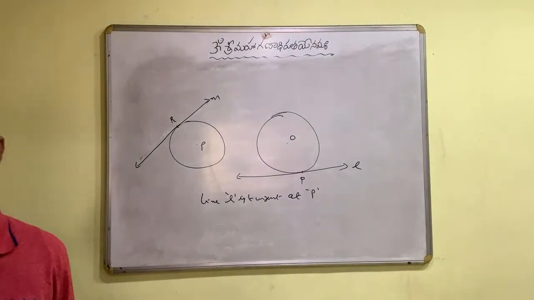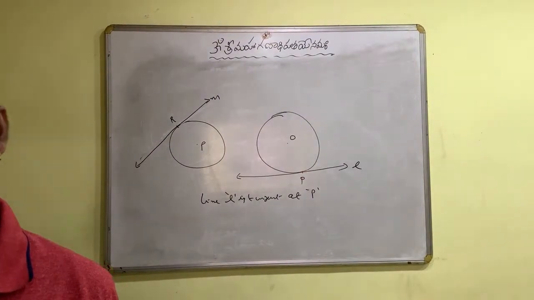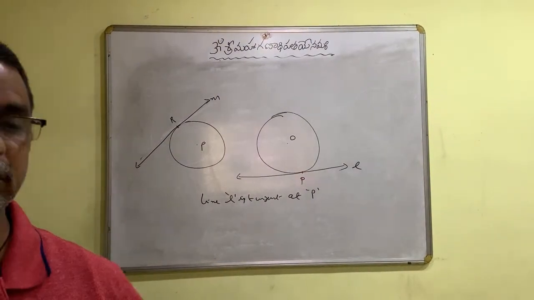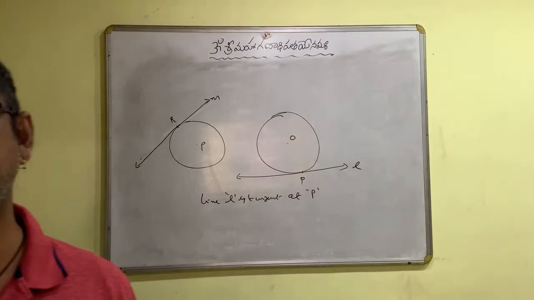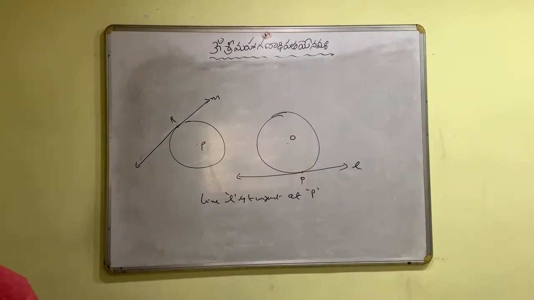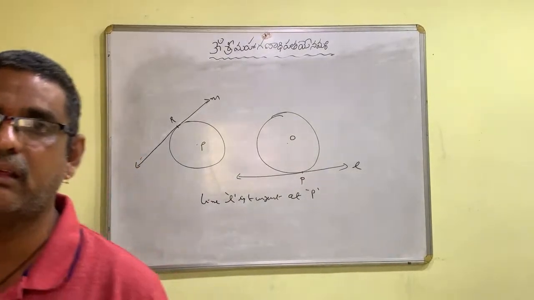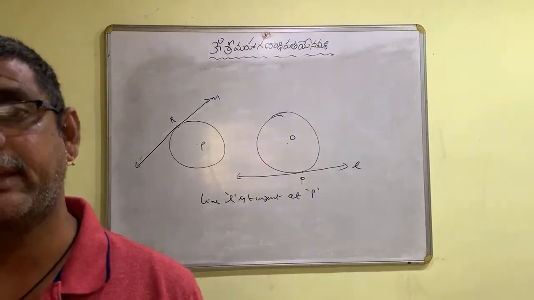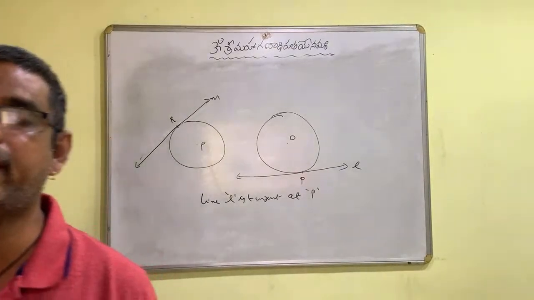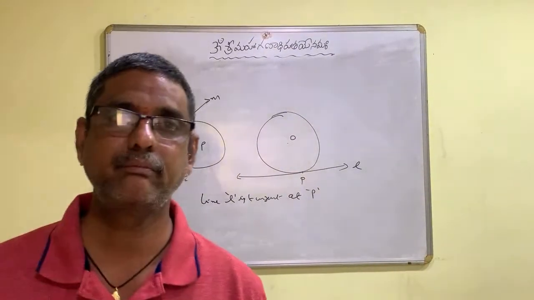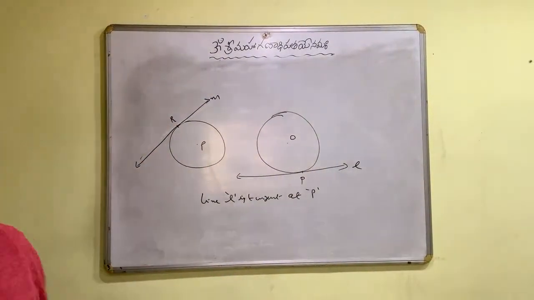Line M is tangent to the circle with center P at R. That is what you have to understand. That common point you have to specify every time.